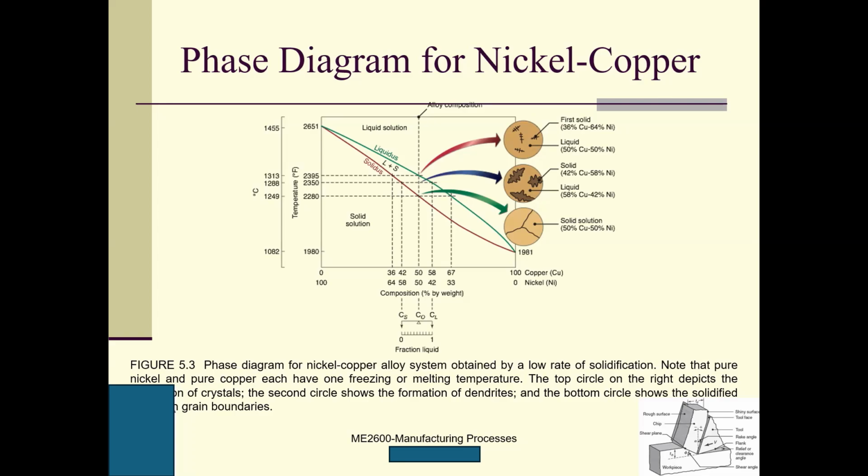So this is the liquidus, and here is the solidus. Liquidus means that above this curve, all is liquid. Solidus means that below this curve, all is solid. In between, both liquid and solid.